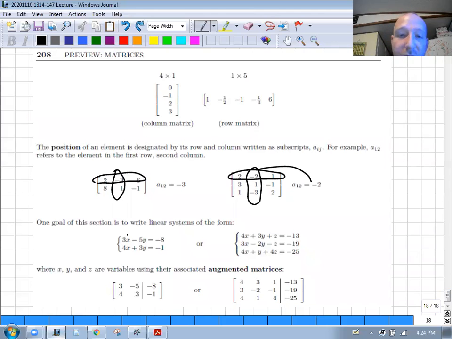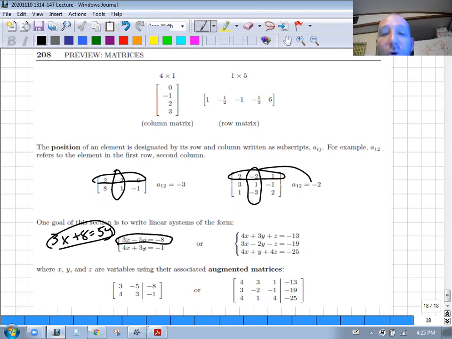So again, we got a 3, 4, -5, 3, -8, -1. They might give you the equation in a different form. What if they give you 3x plus 8 equals 5y? You need to rearrange it so that you have your x's first, your y's second, and then what's left over on the other side of the equal sign. Then you enter it into your matrix.